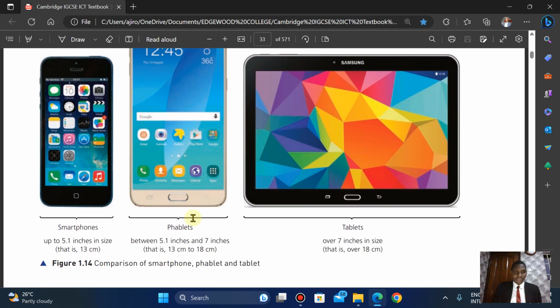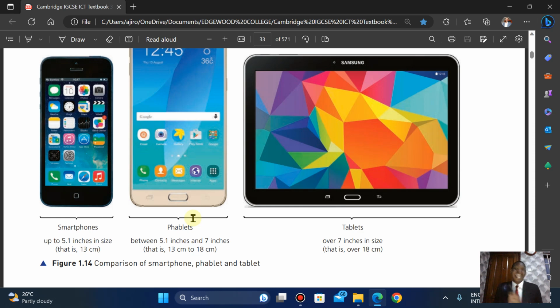Okay, so let's look at it. This is a smartphone. The inch will tell you the difference. Like your iPhone 13 mini is a smartphone. Your iPhone 13 Pro Max is a phablet.